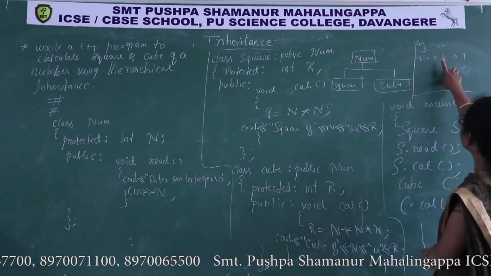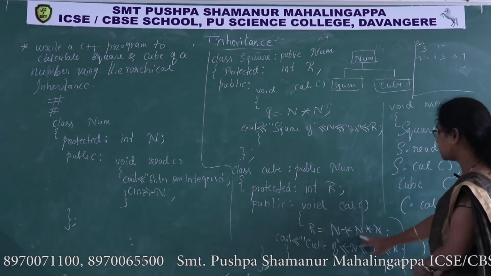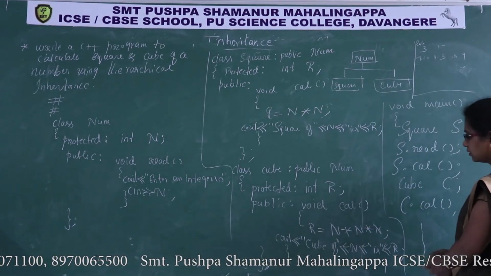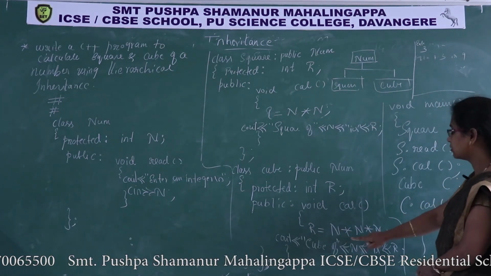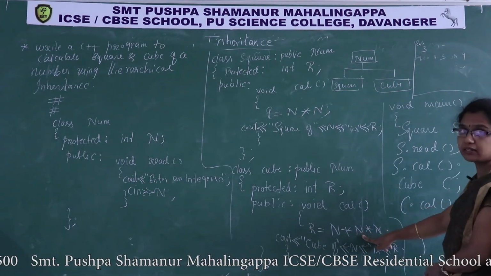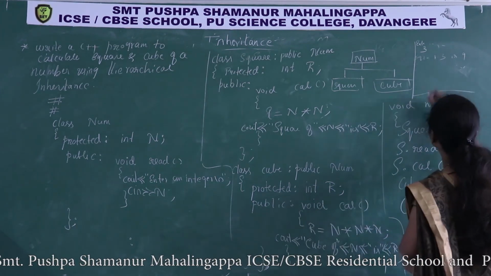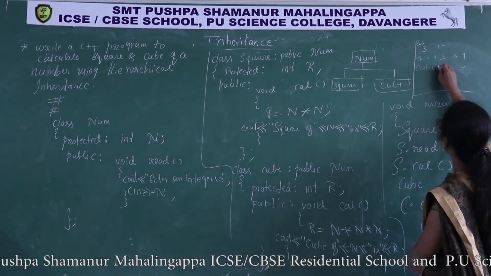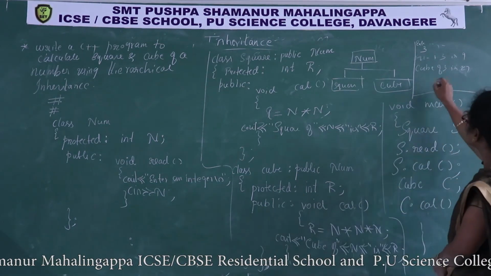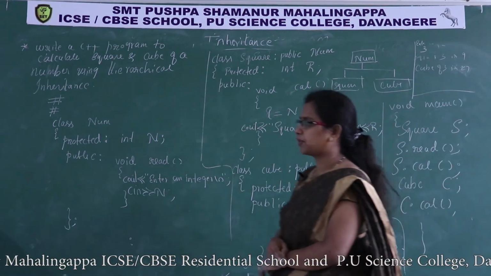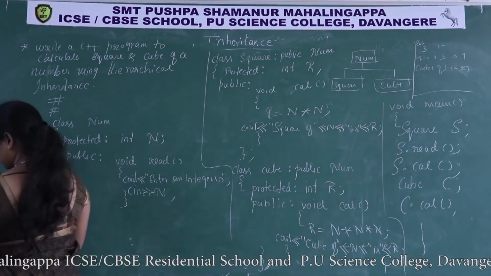N value is 3. R is equal to 3 into 3 into 3. So 3 3s are 9, 9 3s are 27. The cube of 3 is 27. Like this, the output will display. Understood?